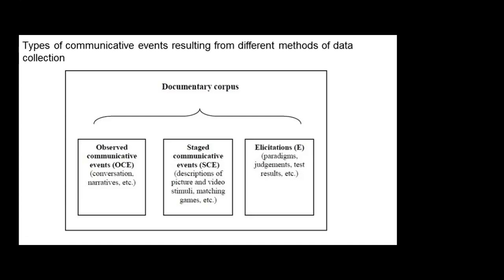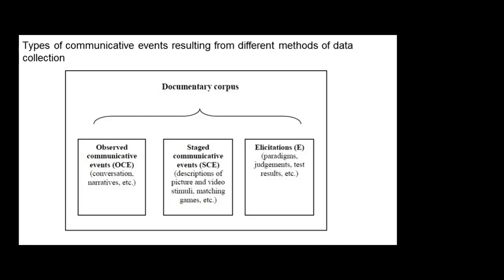The first documentary corpus is observed communicative events, or as we can call it OCE. As the name suggests, it's when we have conversation and narratives in our documentary corpus. The next documentary corpus is staged communicative events, when we describe pictures and videos, stimuli, matching games.